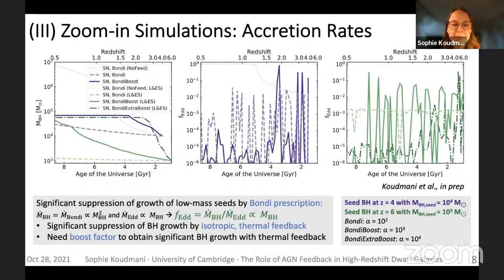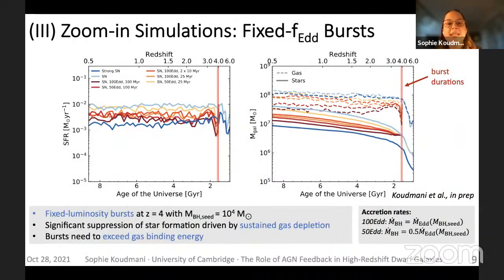can have such a severe impact on the system. And this piqued our interest, so we decided to investigate this more systematically with fixed Eddington accretion bursts. So this time we restrict ourselves to seeding at redshift 4 with the seed mass of 10 to the 4 solar masses. And then we'll try different burst intensities. So 100% of the Eddington rate and 50% of the Eddington rate, and different burst durations.